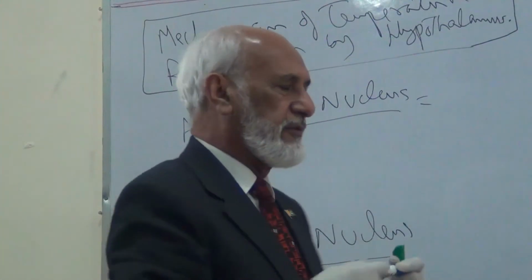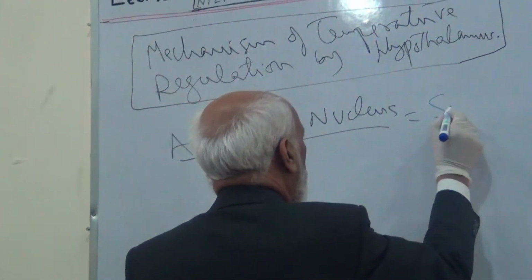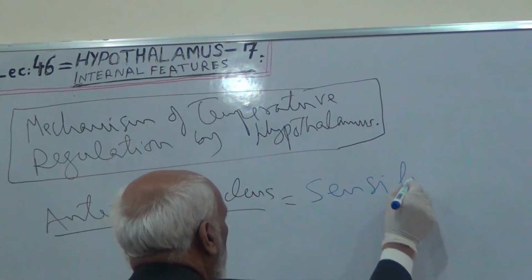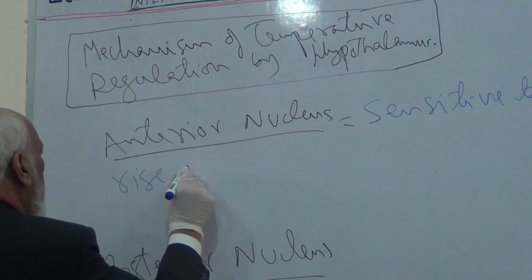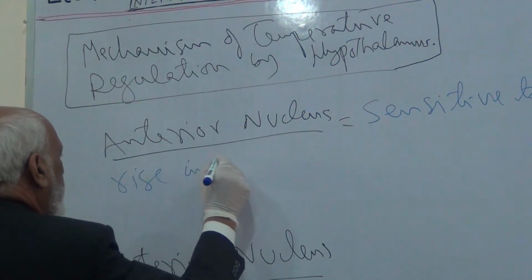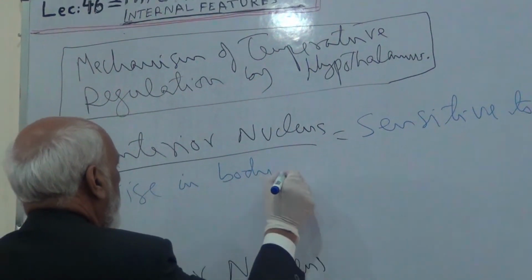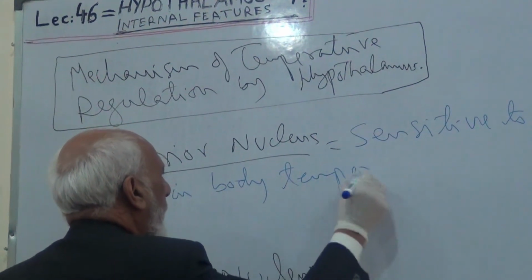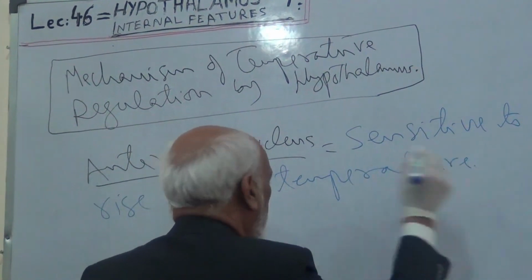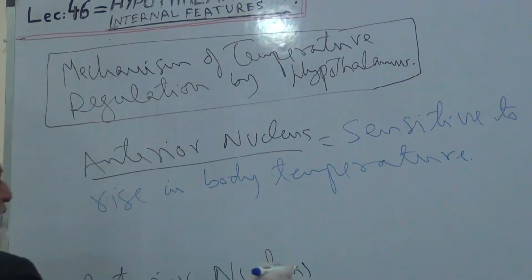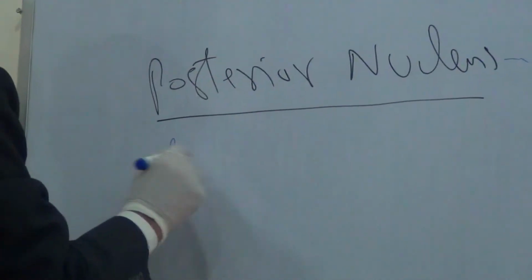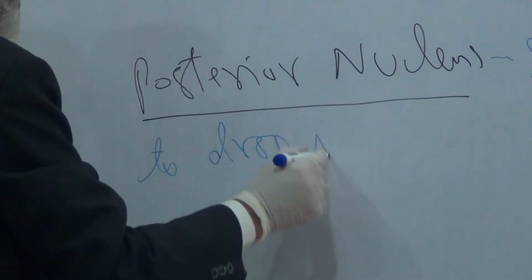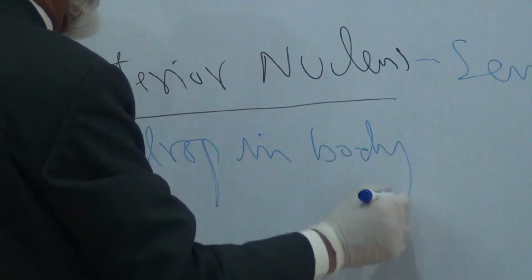Now, the anterior nucleus of hypothalamus is sensitive to rise in body temperature, while the posterior nucleus of hypothalamus is sensitive to drop in body temperature.